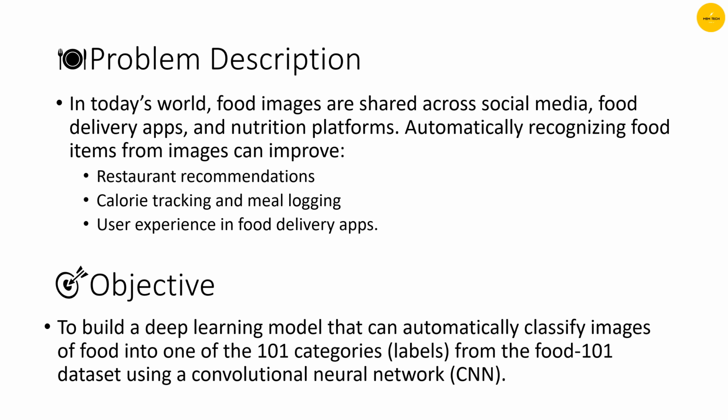Moving beyond tedious manual entry, it enhances the user experience in food delivery apps, improving search functionalities and even enabling visual menu navigation. Given this, our primary objective for this Capstone 1 project was to develop and evaluate a deep learning model capable of accurately classifying various food items from images.